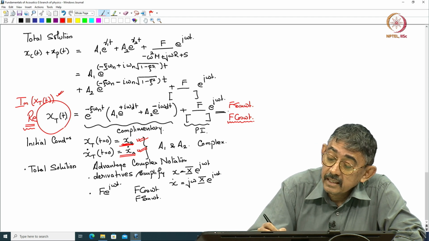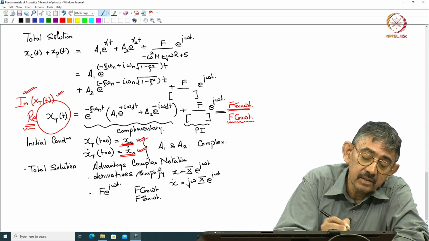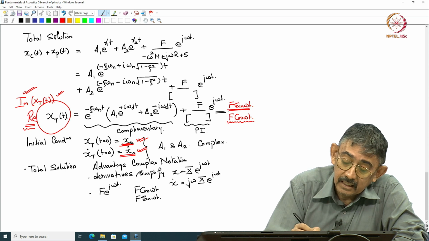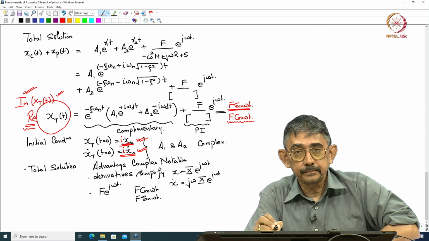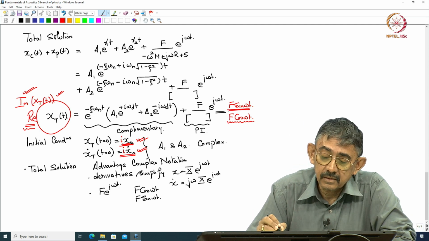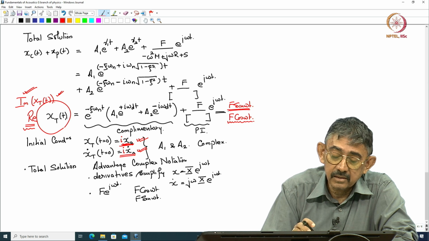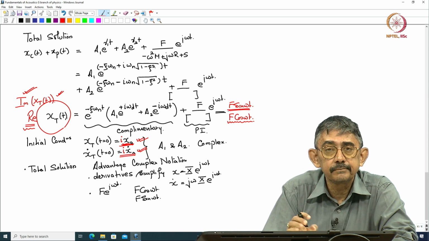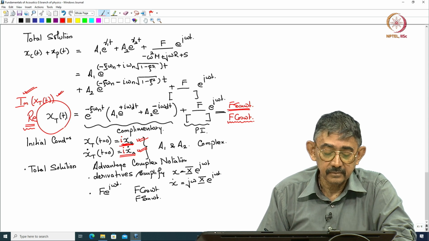However, if you are thinking that the forcing is f sin omega t, and you want the response, and you are going to take the imaginary part of the solution, then the initial conditions have to be given in an imaginary manner with an imaginary i in front. Otherwise you will not have the result for the initial conditions. That is a simple caution over here.